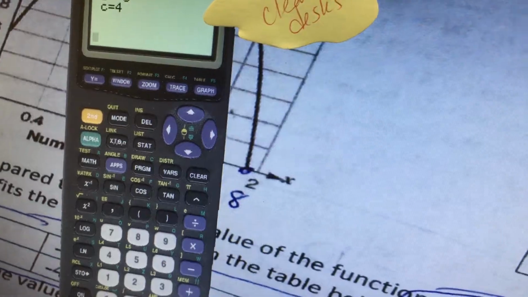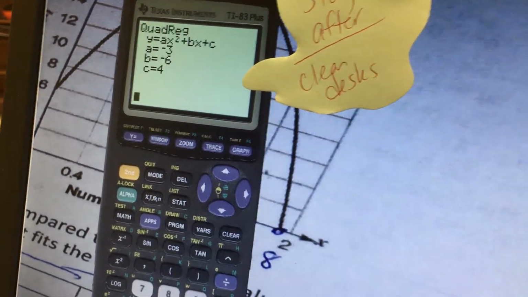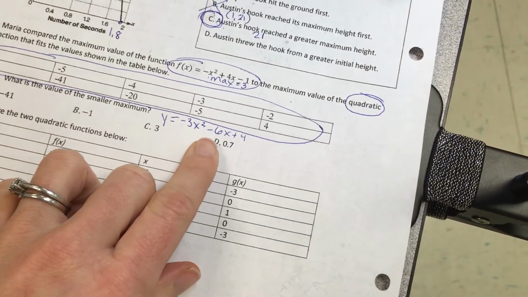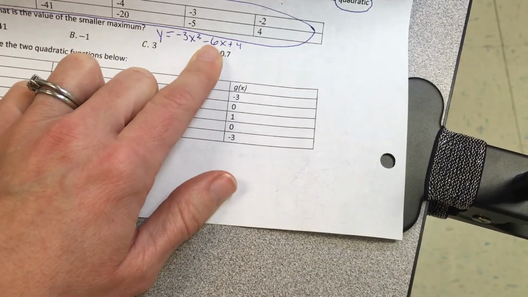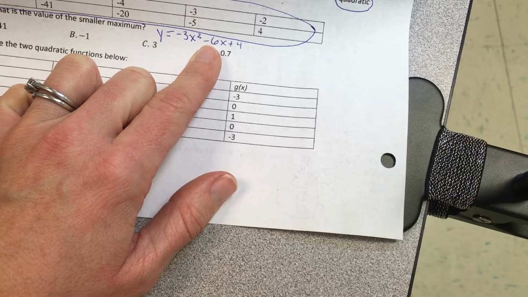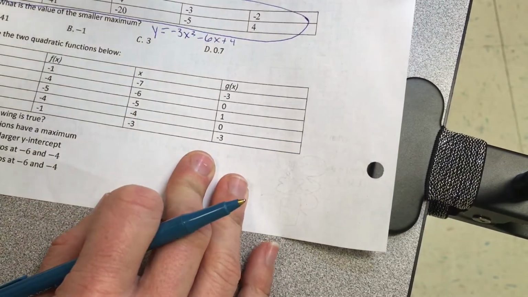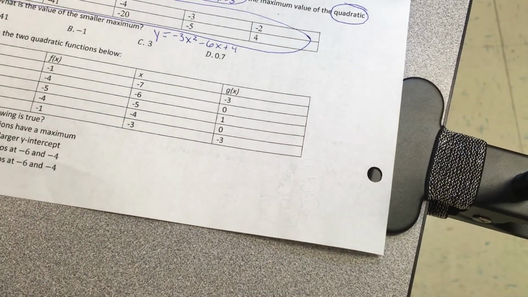So y equals -3x squared minus 6x plus 4. That's how you would write it. And then I prefer to type that one into Desmos underneath the other one.